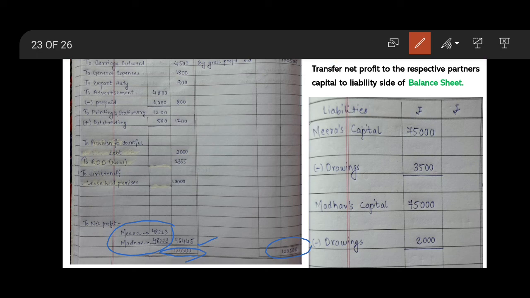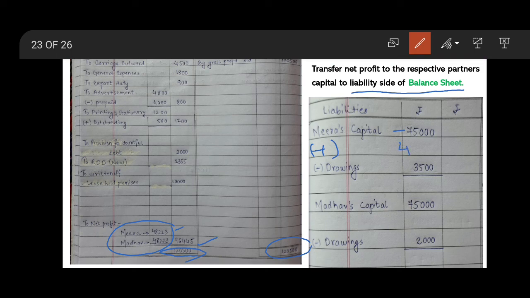Now this net profit of the two partners will be transferred to the liability side of balance sheet. Here on the liability side of balance sheet we have already written the capital of Meera. So in this capital, we will add this net profit. So add to Meera's capital. Meera's net profit is 48223.